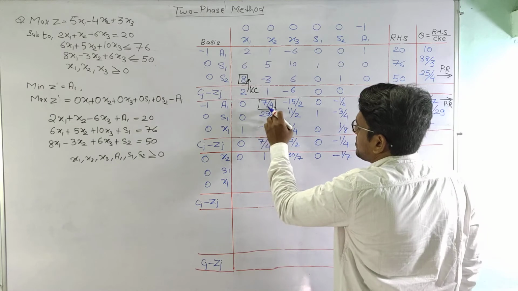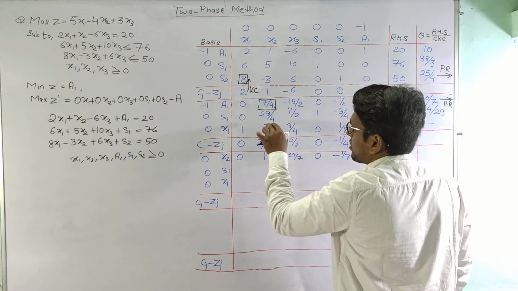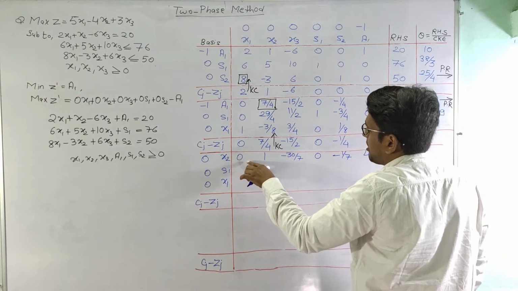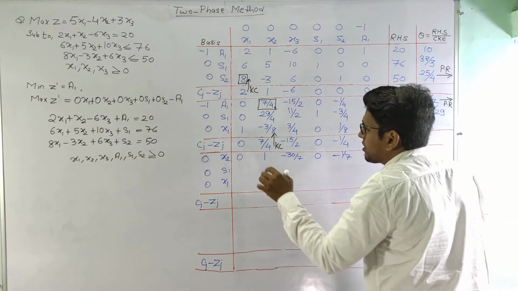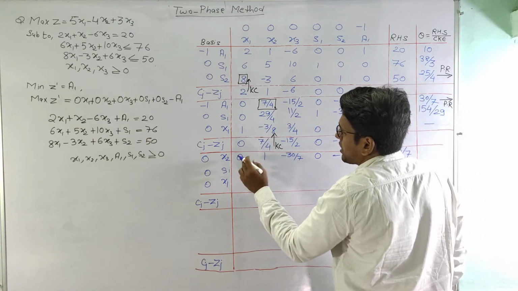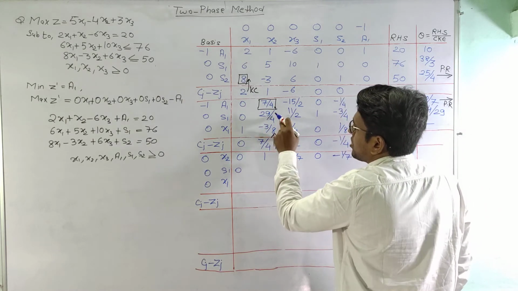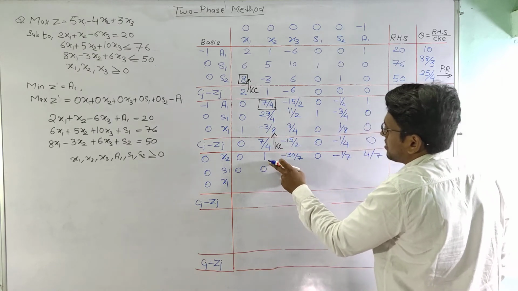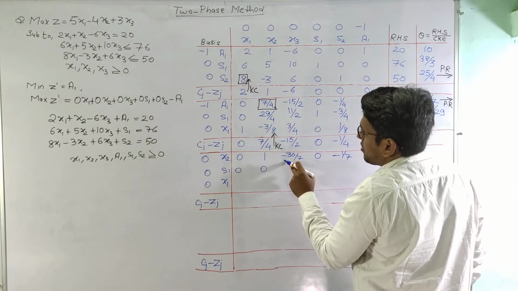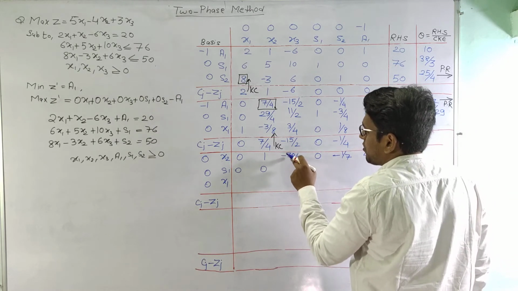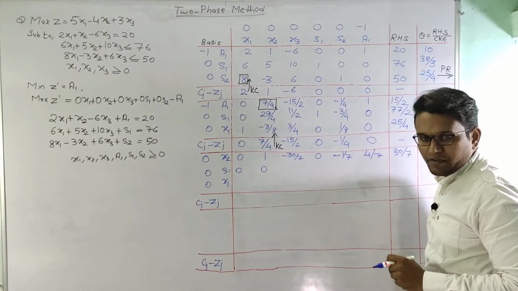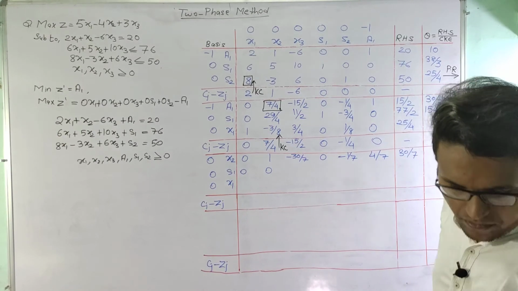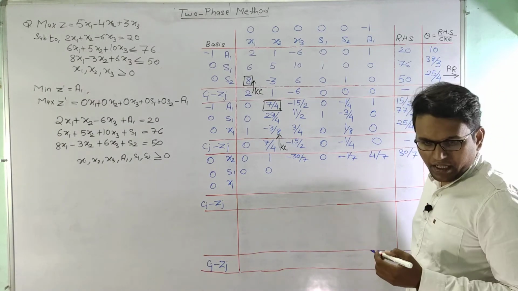Now in order to make these values 0, I'll take row 2 minus 29 by 4 times new row 1. So 0 minus 29 by 4 times 0 is 0. 29 by 4 minus 29 by 4 times 1 is 0. 11 by 2 minus 29 by 4 times 30 by 7, so we will have the value as 256 by 7.